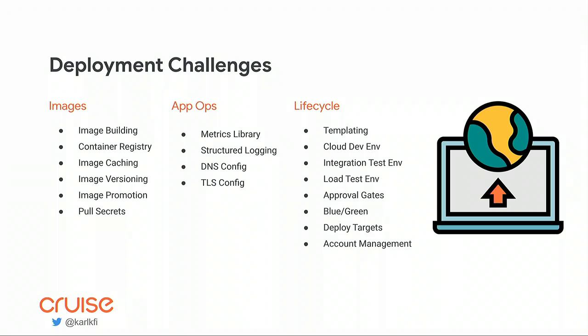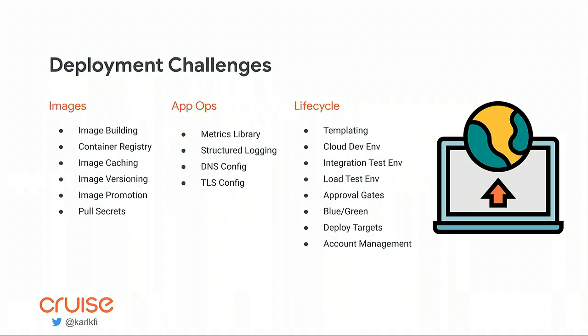And then around lifecycle, this is where we get back to continuous integration and continuous deployment. With the templating and cloud development environment, we allow people to develop locally, but we find in general people prefer developing in the cloud. They have more resources available, it's more like production, and they don't have to have a beefy machine on their laptop.